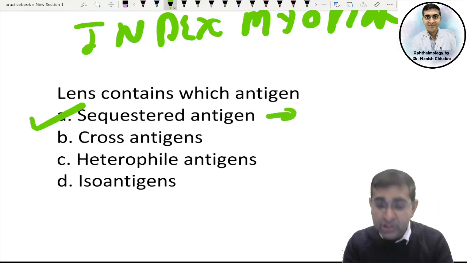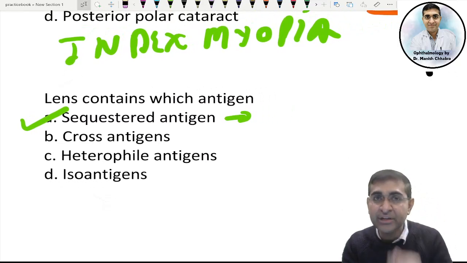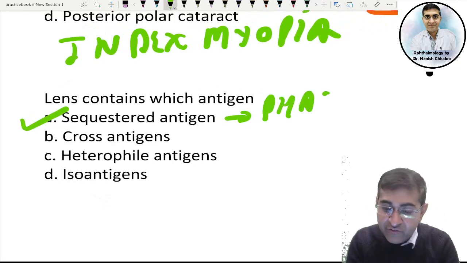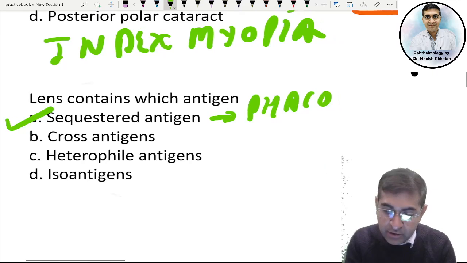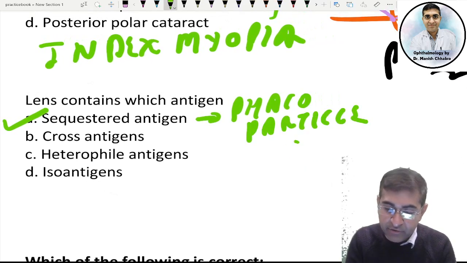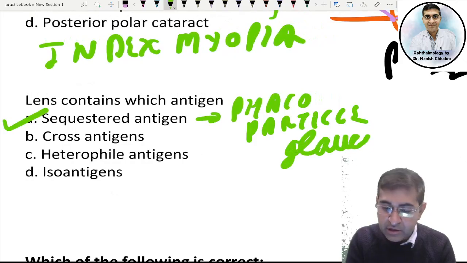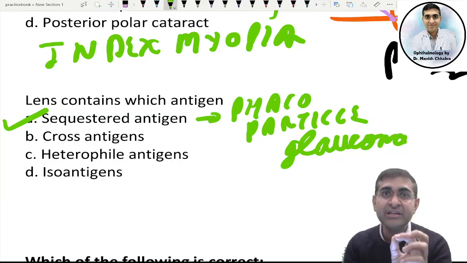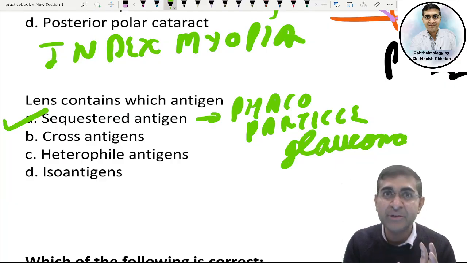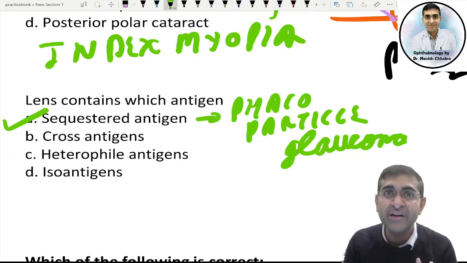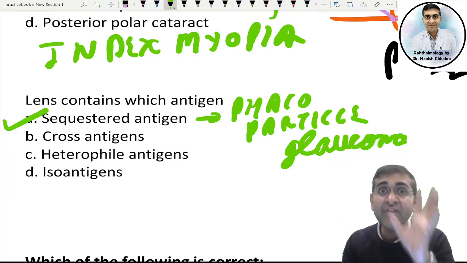That intraocular pressure will damage the optic nerve head or may cause visual field changes. You will call it as phacoparticle glaucoma. Phacoparticle glaucoma.